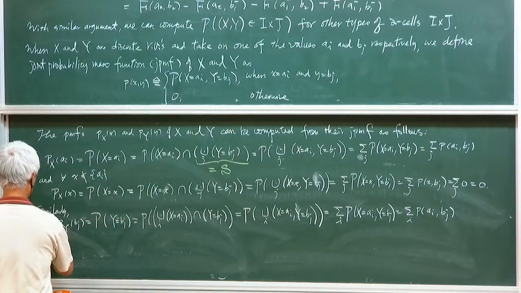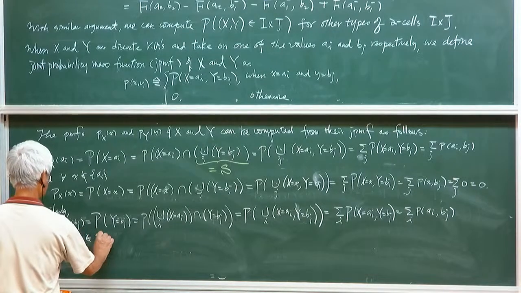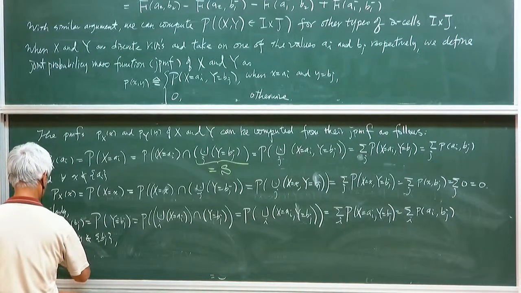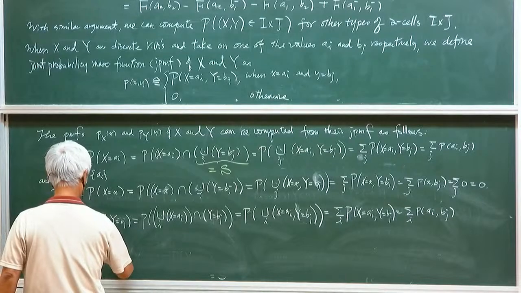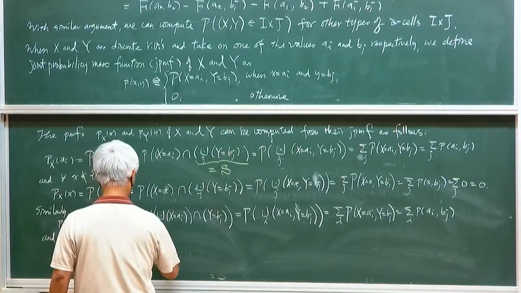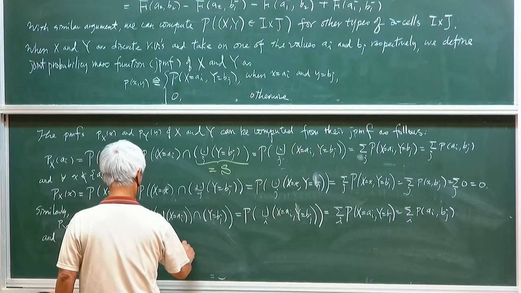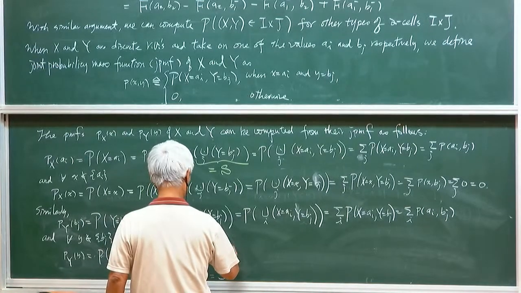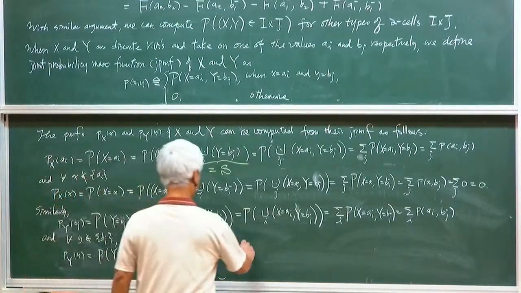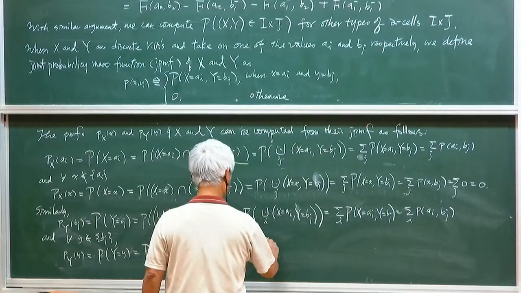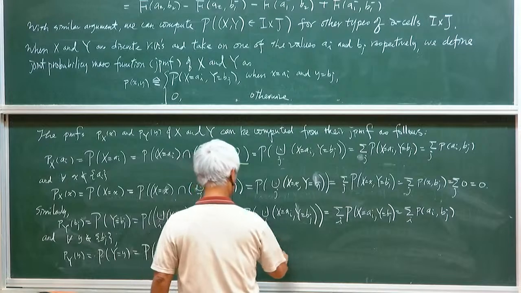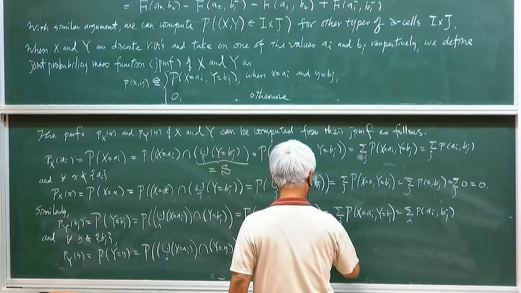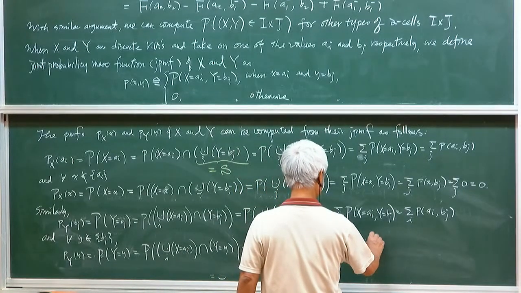And for all little y not in the b sub j's, the probability is the union over i of x equal to a sub i, capital Y equal to little y.